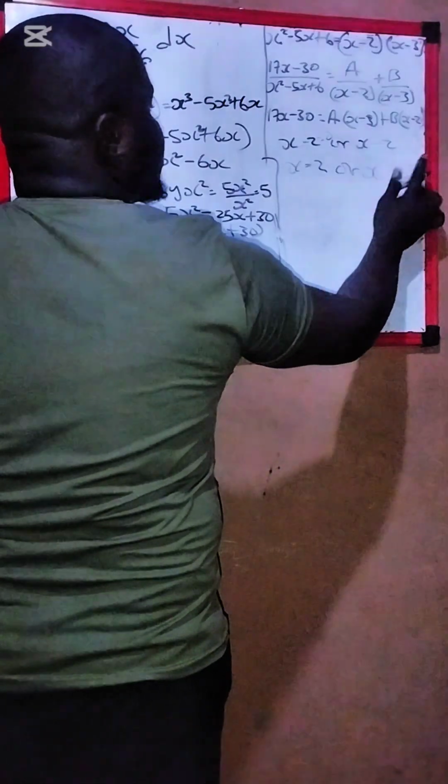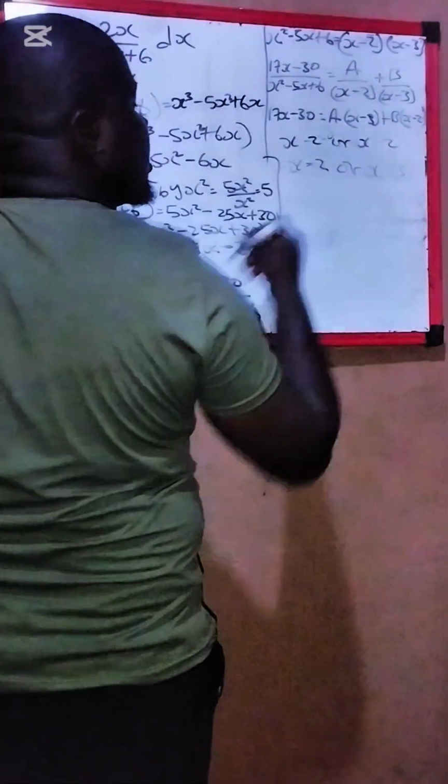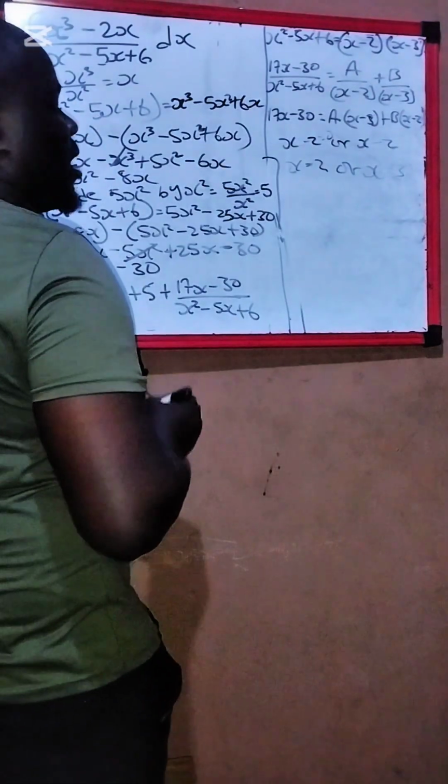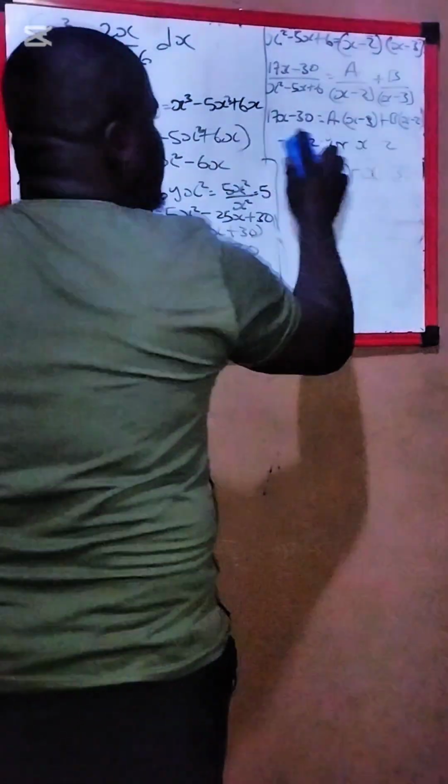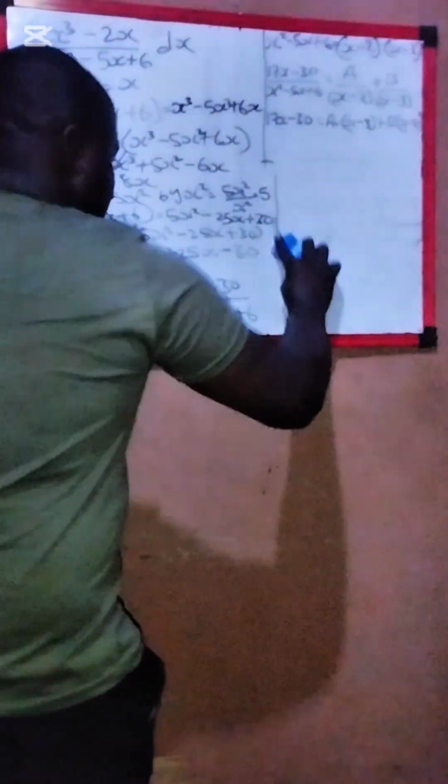When it crosses over, x equals 2. Or when x minus 3 equals 0, it becomes x equals 3. So the two values of x here are 2 and 3. We are going to substitute those two values into this equation.